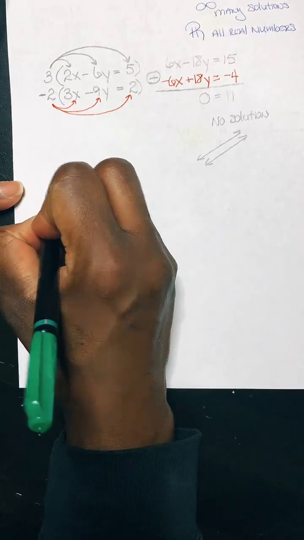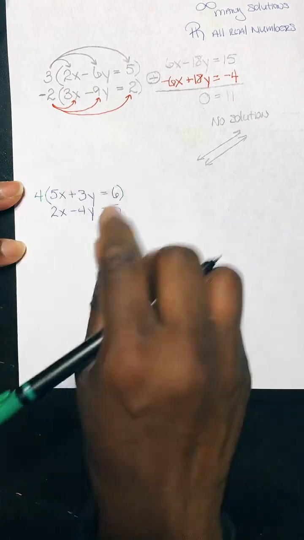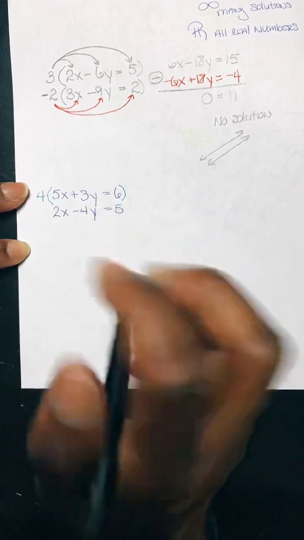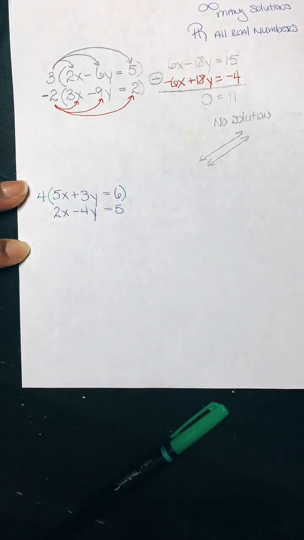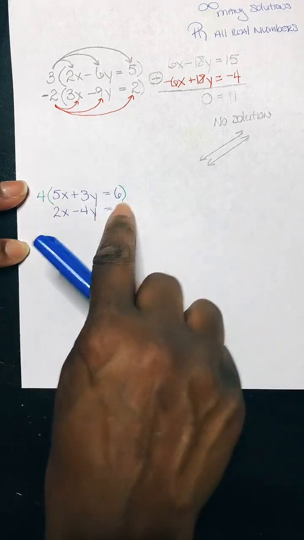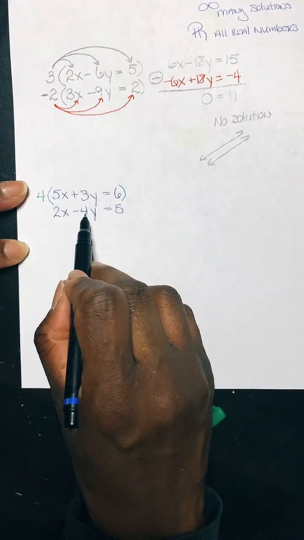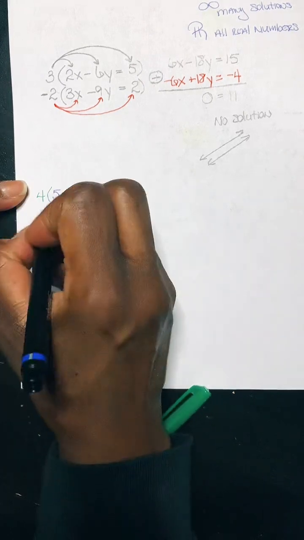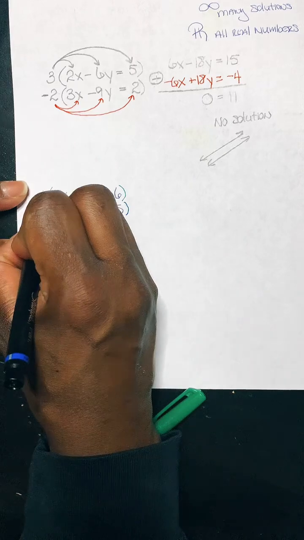But I have to multiply the whole equation by 4, not just the y. And in order to change this -4 to a -12, I have to multiply the whole second equation by 3.